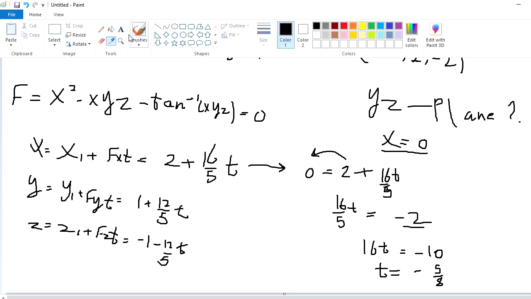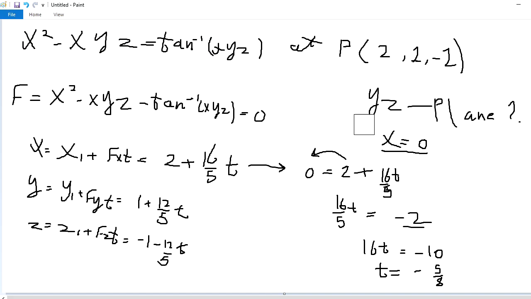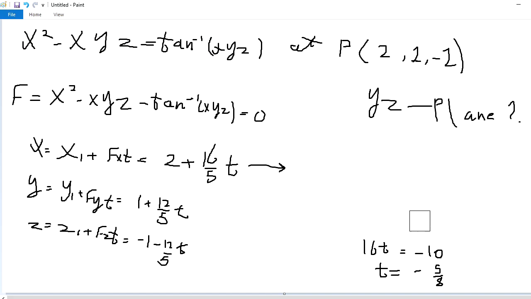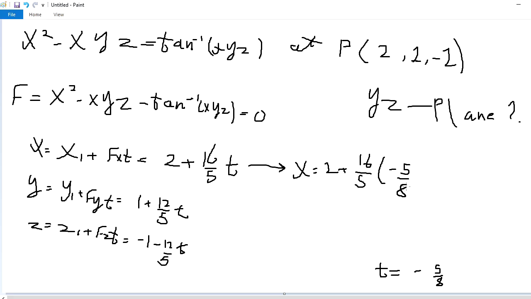Which means that here I'm going to find the x, for example. I will say x equals 2 times 16 over 5, and then times negative 5 over 8.